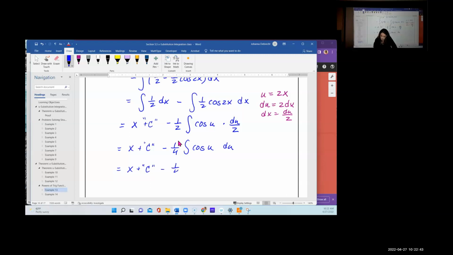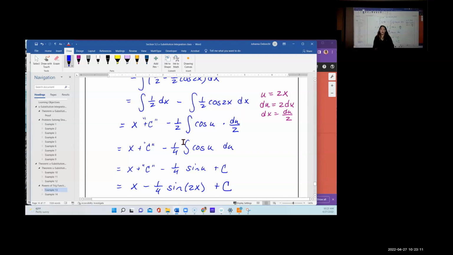So we have minus 1/4 sine of u plus another constant. Now the constants are sort of separate, but we can roll them all together into one big plus c. So we end up with x minus 1/4 sine of, return u to the original, 2x plus c. All right.